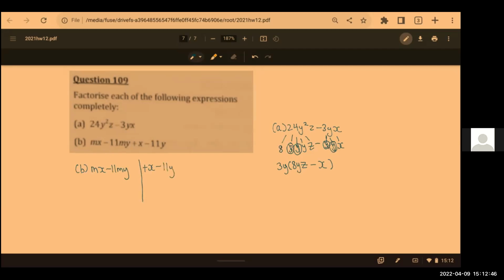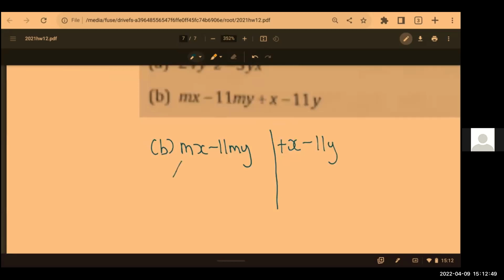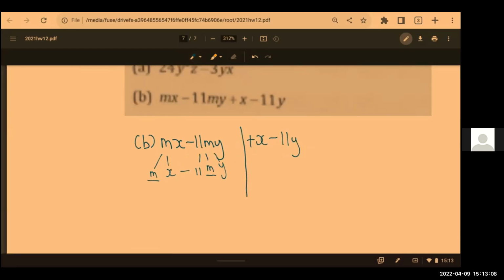Correct. Okay. So you have finished your left hand side, right?